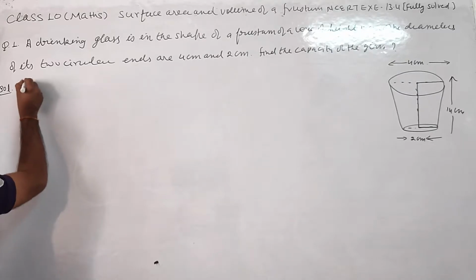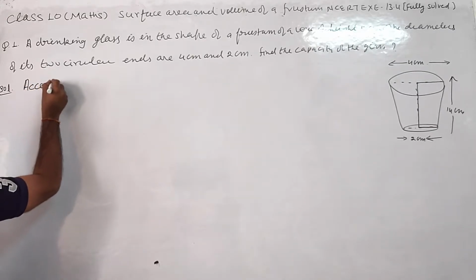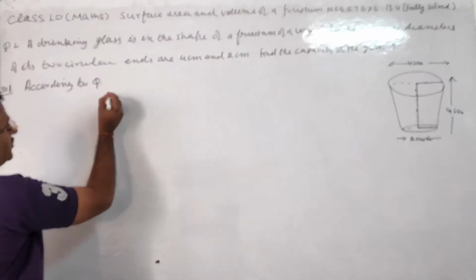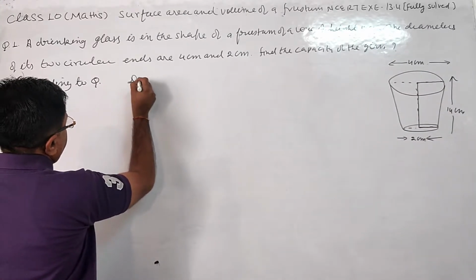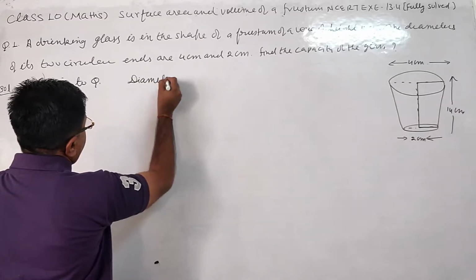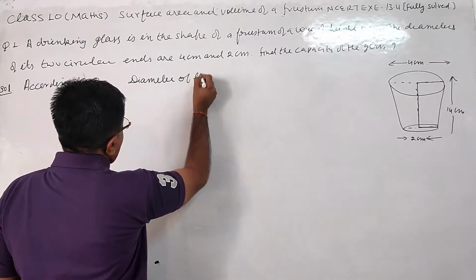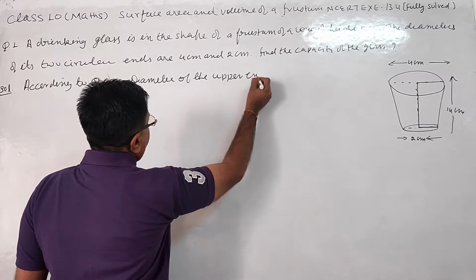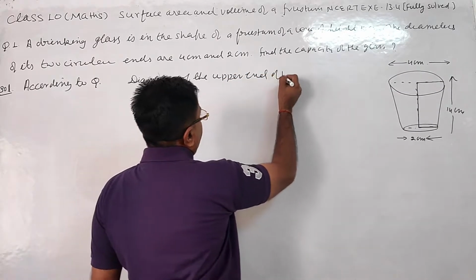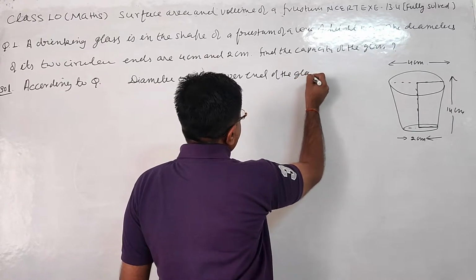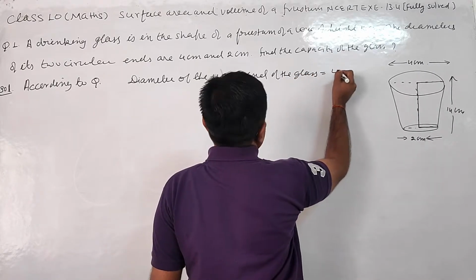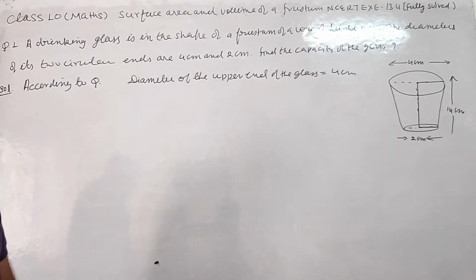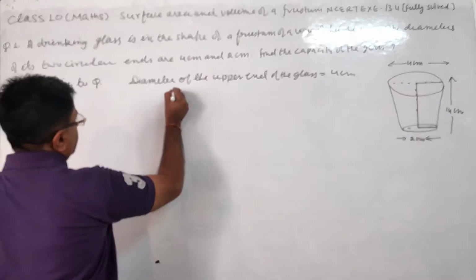So you may write here. According to the question, we are given the diameter of the upper end of the glass, that is given as 4 centimeter. So we can find its radius.